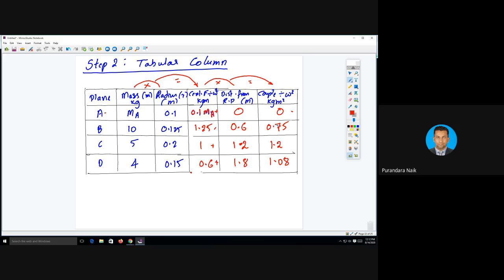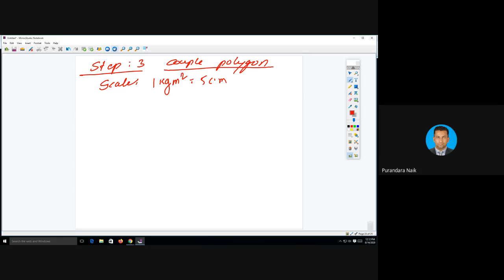Let us mark a point somewhere here, O. B is 3.75, because the B length is 0.75 kg meter square and 1 kg meter square is equal to 5 centimeter. So 0.75 will become 3.75 at an angle of 0, because it is a reference mass, 0 angle.